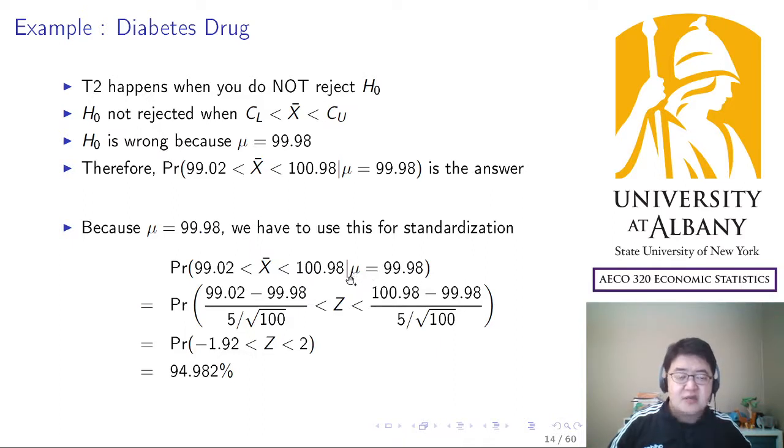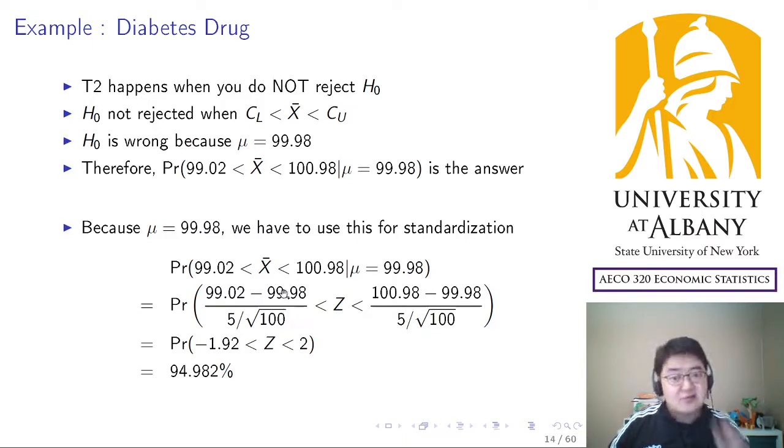So we assume that the mean is 99.98, and you have to use that to standardize the normal distribution. Then you get these numbers, and using Excel you can find it's about 95%, which means almost always you cannot detect the difference. 95% you cannot detect the difference of 0.02 milligram.